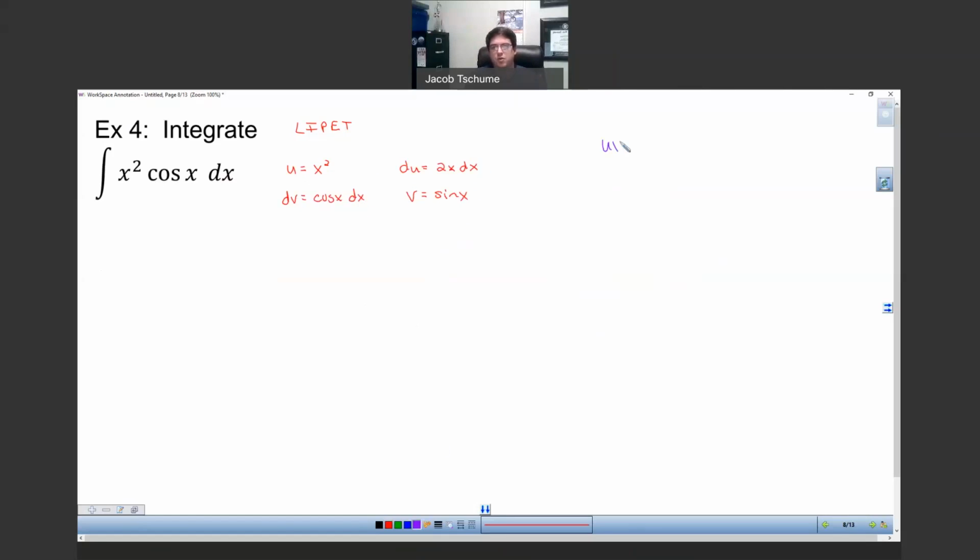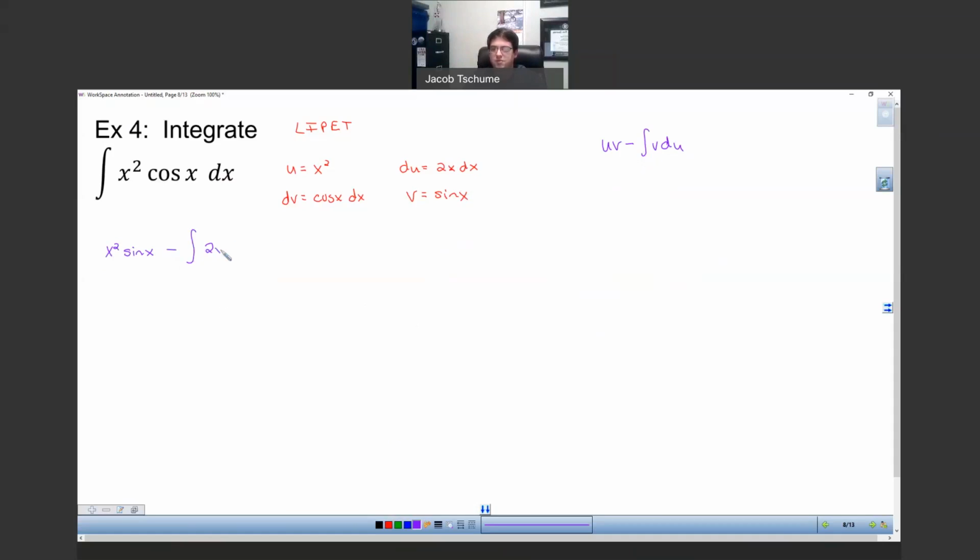And once again, you're going through the process of integration by parts, so uv minus the integral of v du. If I multiply the u and the v term together, you will get x squared sine of x minus the indefinite integral of v du.